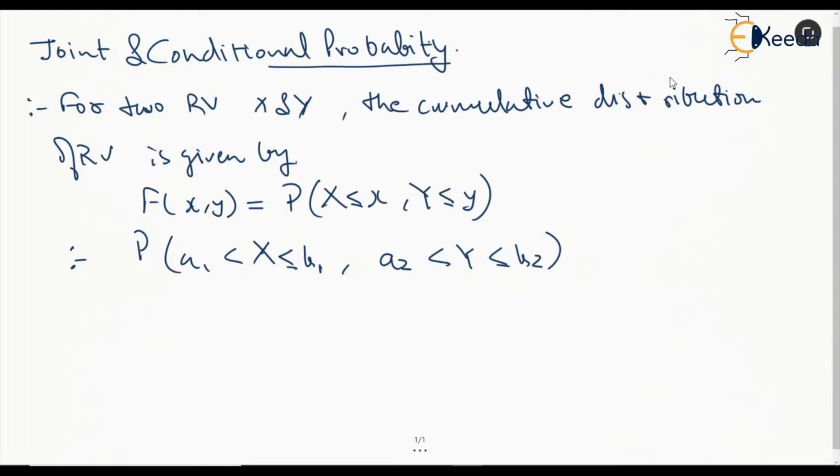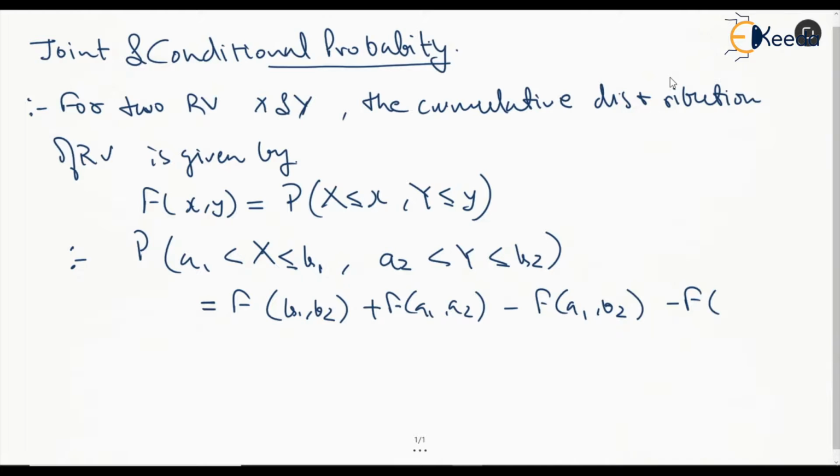Then this can be given as, this is a standard formula derived, we are not getting into the derivation part, F of b1, b2 plus F of a1, a2 minus F of a1, b2 minus F of b1, a2, which can be used directly in some cases. So these are the overall general expressions, and once we get into discrete and continuous, we'll see more formulas, and we'll see how to solve them.